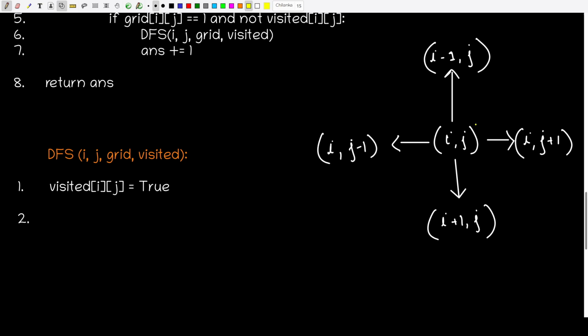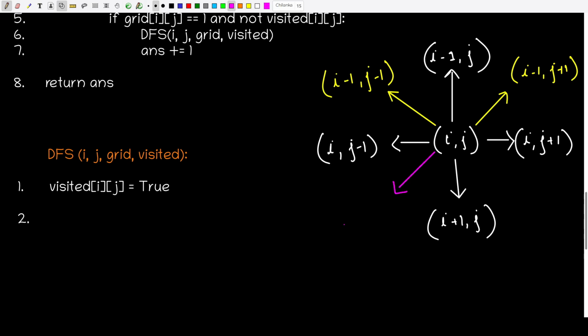And let us explore the diagonals as well. So over here, the coordinate will be equal to i minus 1, j plus 1, and this coordinate will be equal to i minus 1, j minus 1. Similarly, this coordinate will be equal to i plus 1, j minus 1, and this coordinate will be equal to i plus 1, j plus 1. So we have to visit all these 8 neighbors. So let us do that.